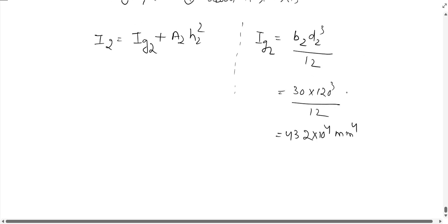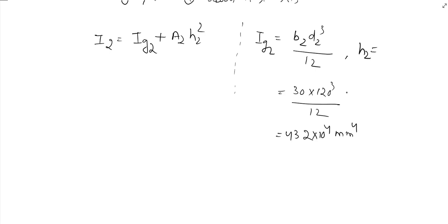Then we will locate H2. H2 can be calculated by simply subtracting y bar from y2, which is 60 minus 97.5, so that is equal to minus 37.5.